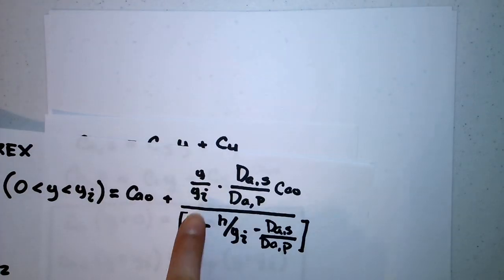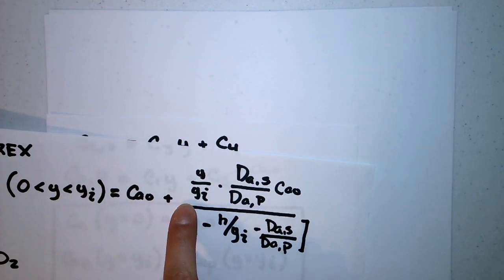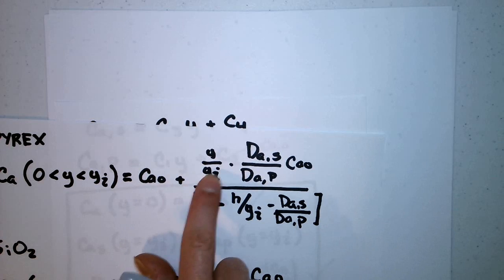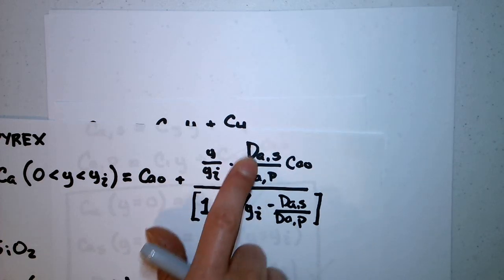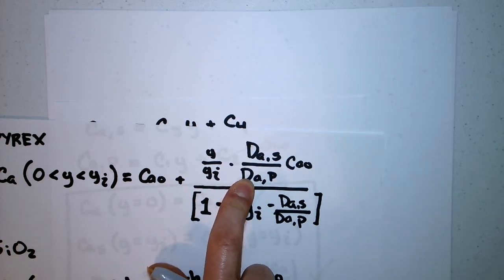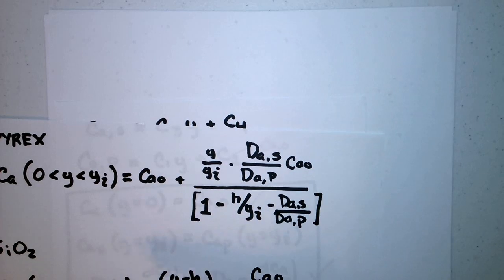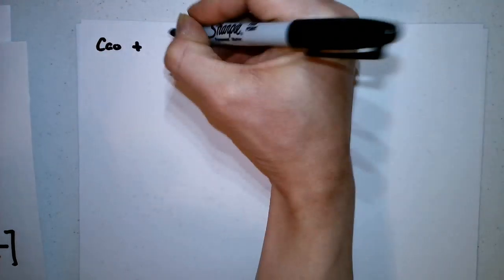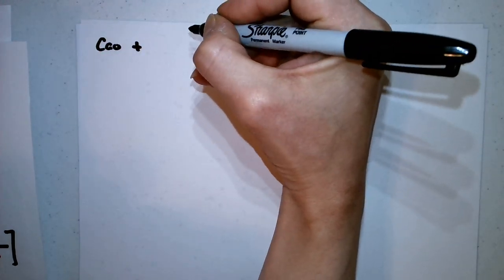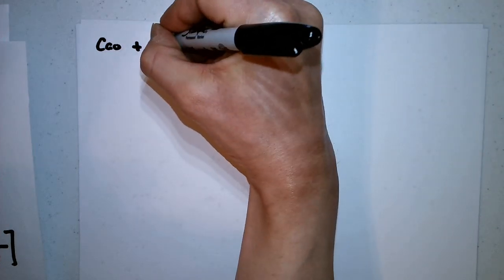We'll plug in a y sub I, so this first expression is going to be Ca naught plus 1 times this ratio of diffusivities times the original concentration over this denominator that we've had. So on the left-hand side, Ca naught plus y over yi is 1 because we have yi over yi.